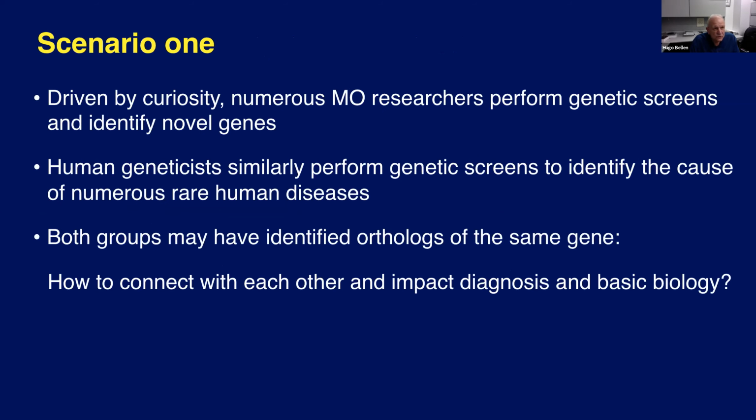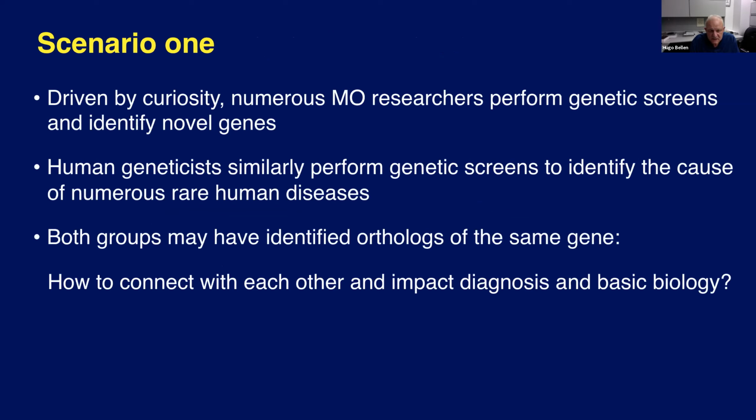All right, let's go to a first scenario where, driven by curiosity, numerous model organism researchers in all of the fields that we typically work on as geneticists screen and identify novel genes. And very often, the model organism researchers will pursue that research, but fail to connect with the human geneticists.